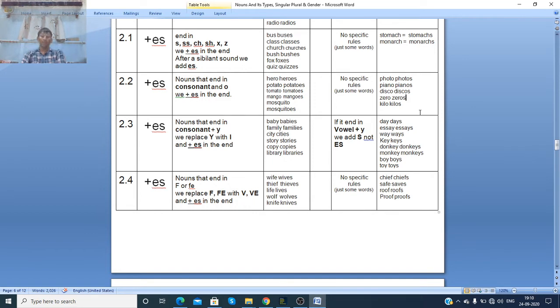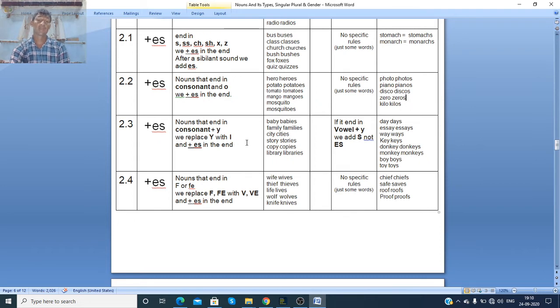Zero will become zeros. Kilo will become kilos. L is a consonant and then O, but we add S, not ES.